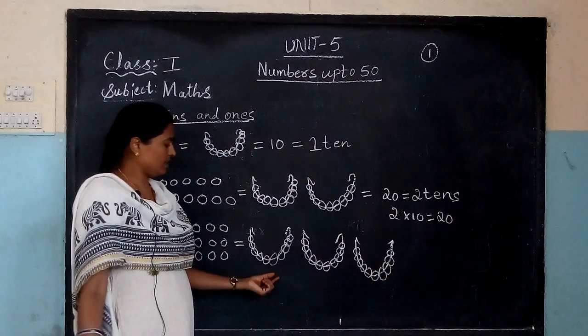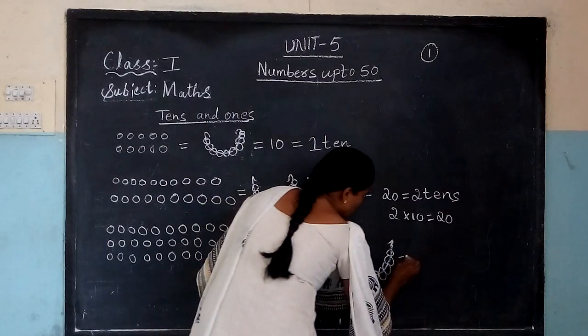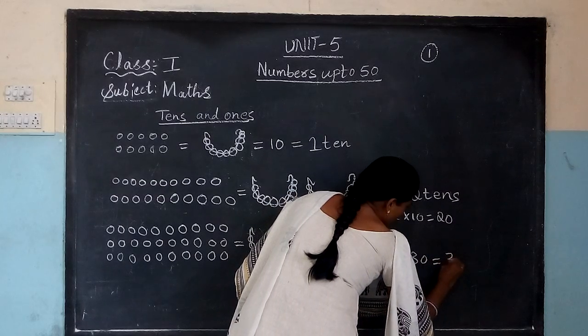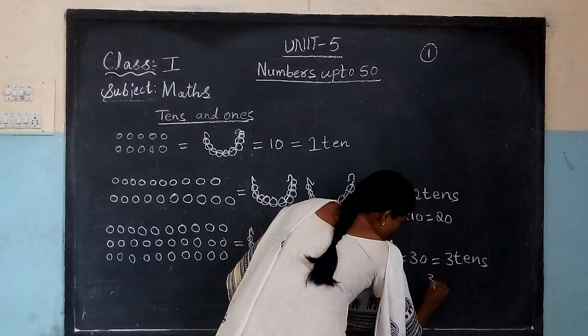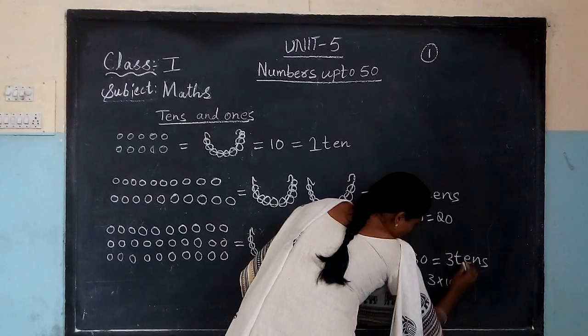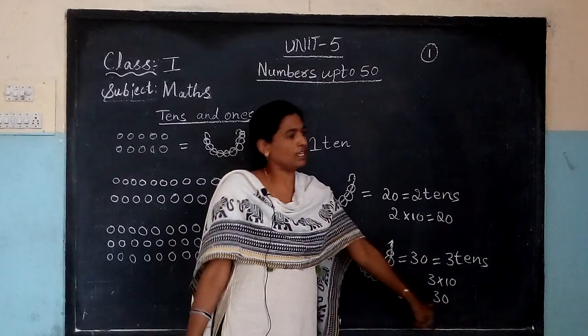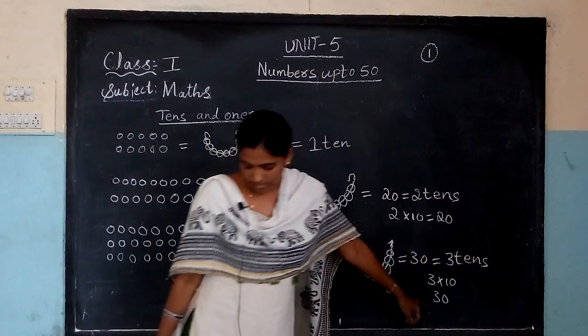In one garland, how many are there? 10. 20 and 10 is equal to 30, is equal to 3 tens. 3 into 10 is equal to 30, which means 3 tens is equal to 30. 3 tens is equal to how much? 30.